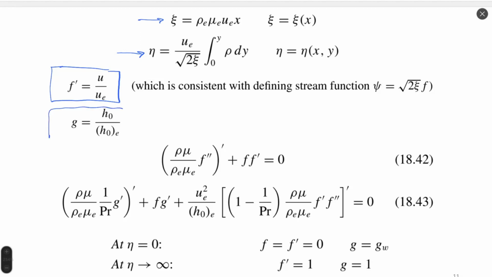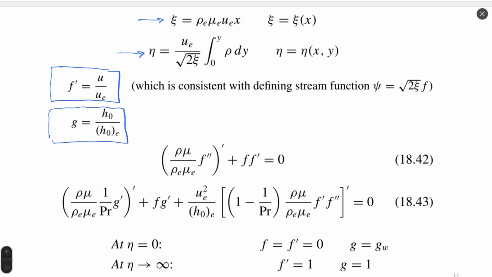This function represents to us the enthalpy ratio. So the g function will also be dimensionless. Once we define the f prime function and the g function, we can transform our equation system and obtain equations 42 and 43.